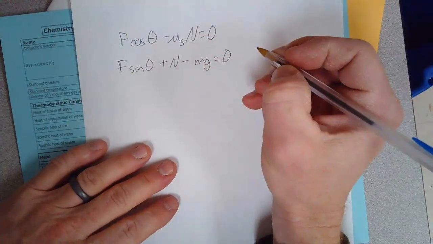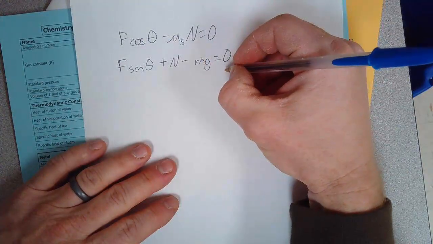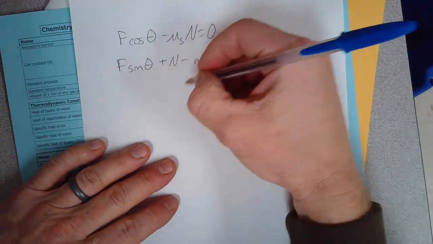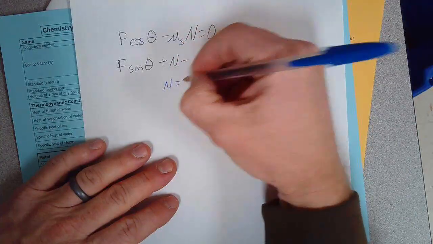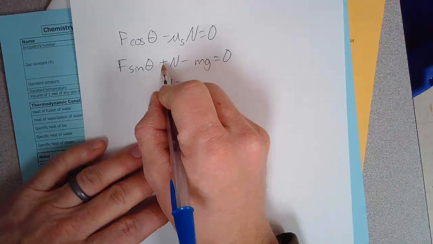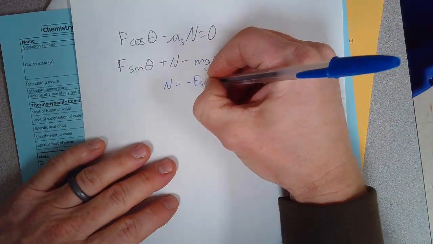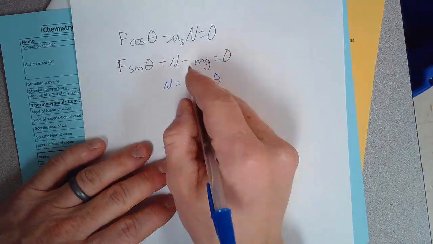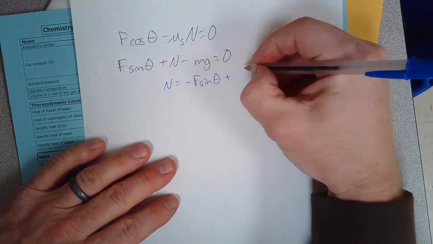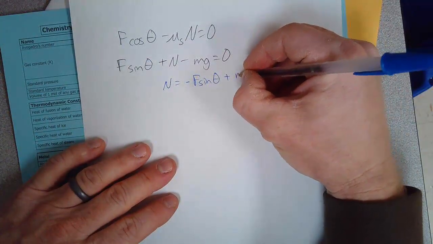So to start with, I'll move the other things over to the other side. Let's see, if we move f sine of theta over to the other side, we will subtract it. So negative f sine of theta, and plus mg to move that over to the other side of this equation.